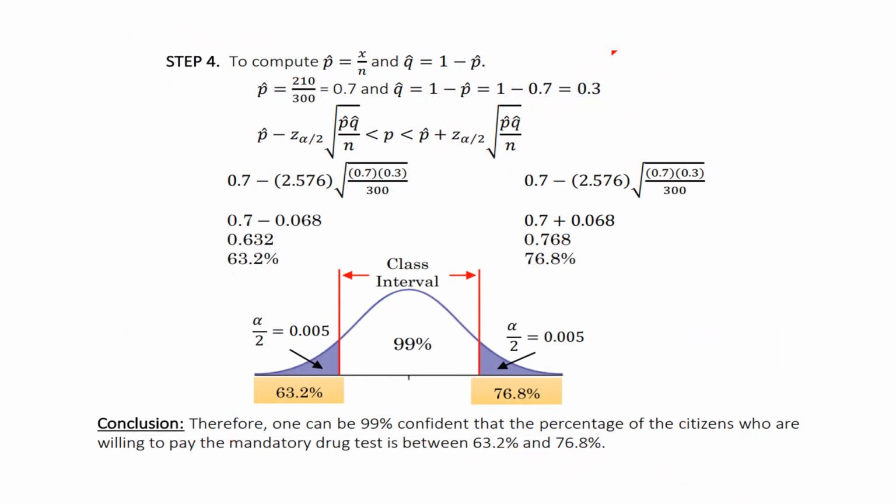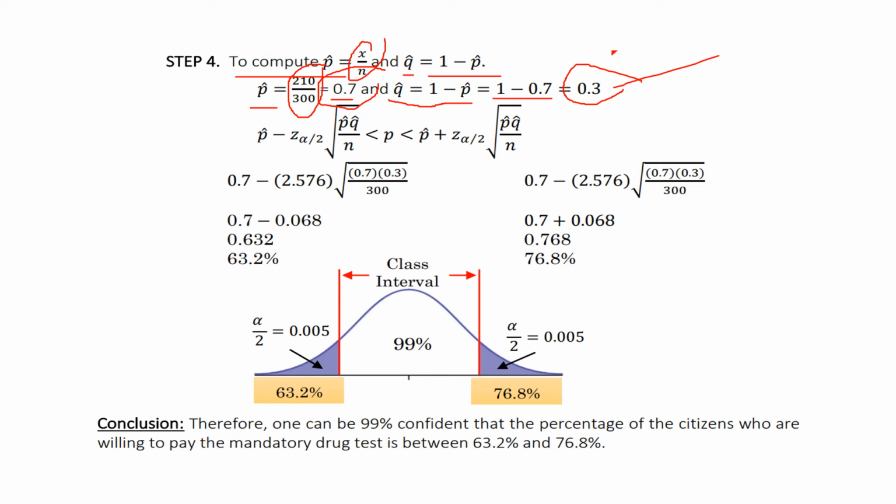So for step number 4, to compute your p hat, it is still x over n, and your q hat is equal to 1 minus p hat. Your p hat is equal to 210 over 300, or 0.7. Q hat is equal to 1 minus p hat, or simply 1 minus 0.7. So that will be equal to 0.3. So there is 0.7 and 0.3 here as the values of your p hat and your q hat.